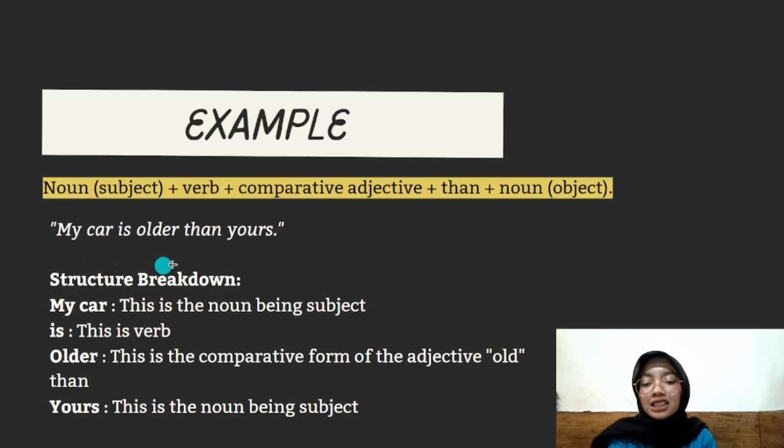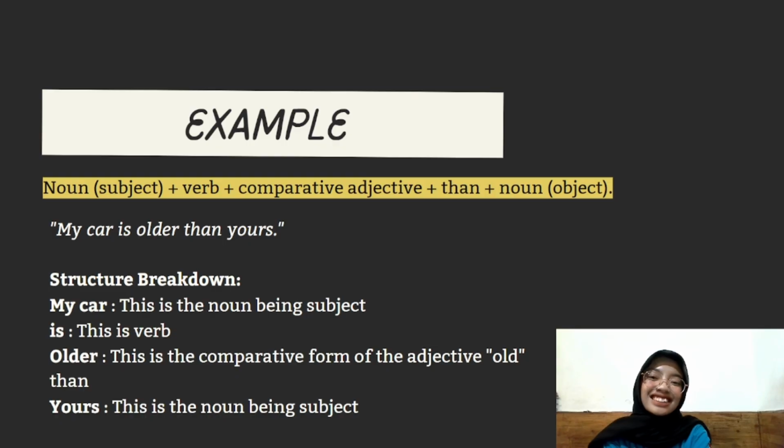My car, this is a noun being the subject. Is, this is the verb. Older, this is the comparative form of the adjective old. Than. Yours, this is a noun being the object. In short, we compare two things by using a comparative adjective followed by than.